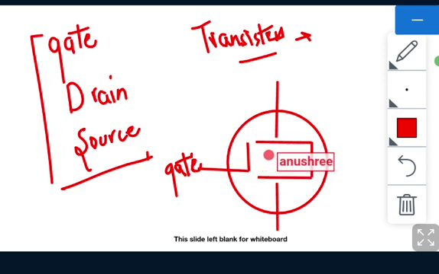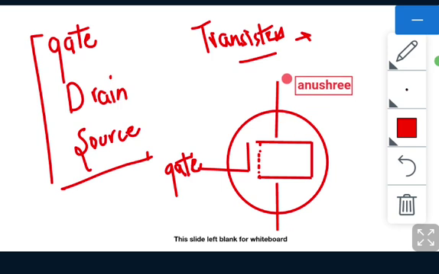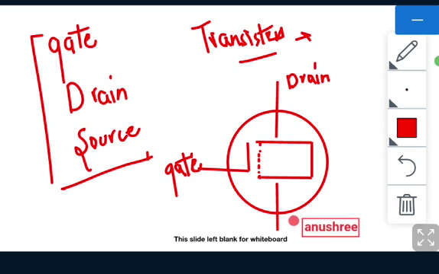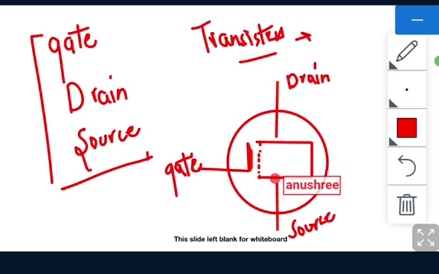And is that a rectangle? Yes. Okay, is it all connected? Yes, and this is drain here, and this is source. Which means when you apply a voltage at the gate, it generates an electric field to control the flow between the drain and the source, like when current is flowing between drain and the source.